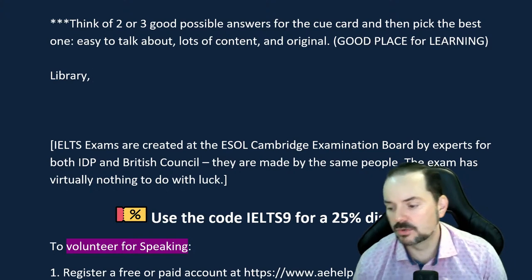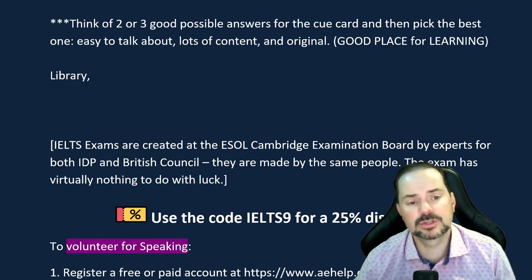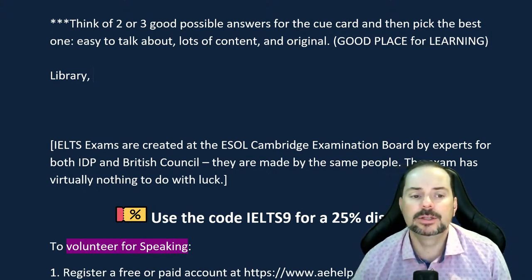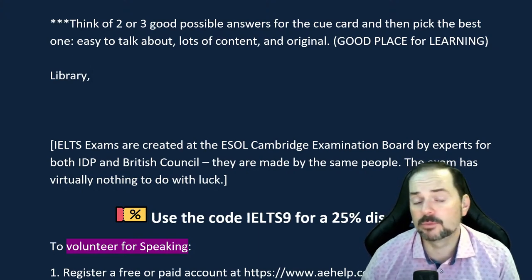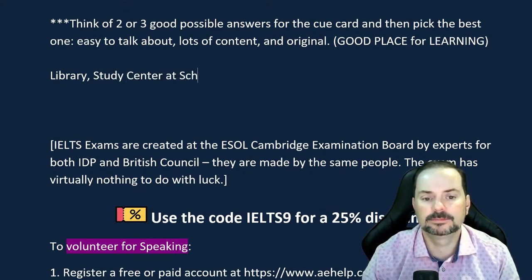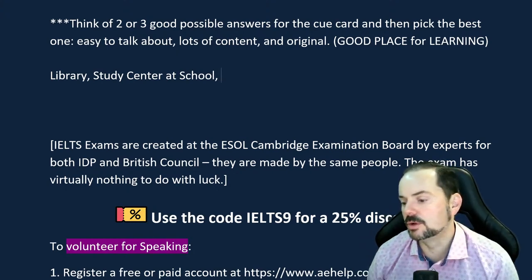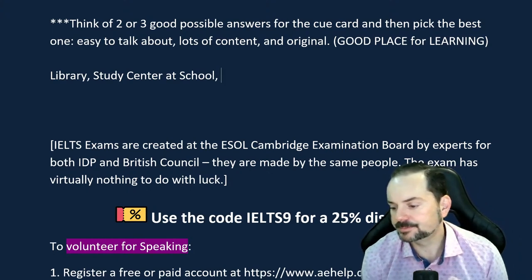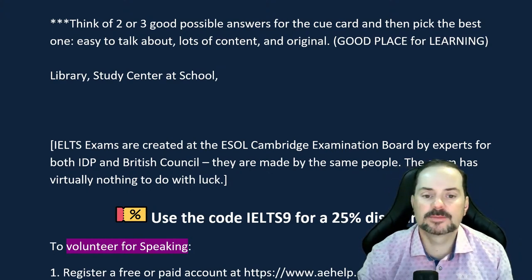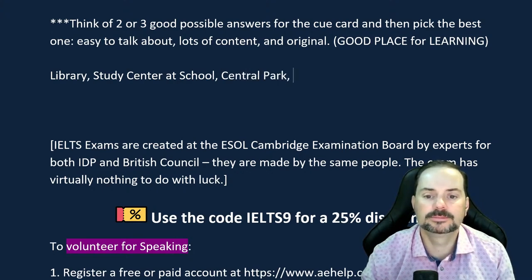Okay, so Arda says school would be a common one. Okay, school is a big place for learning, so it's too general. I would probably choose something a bit more specific, like study center at school. Okay. So study center at school would be good. Okay, Harwinder says park. Again, be more specific. So Central Park.